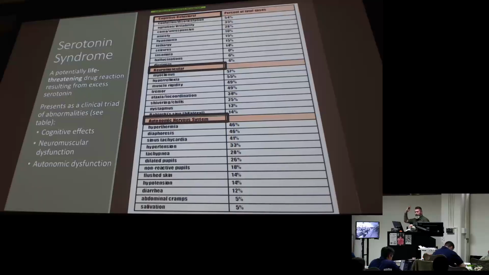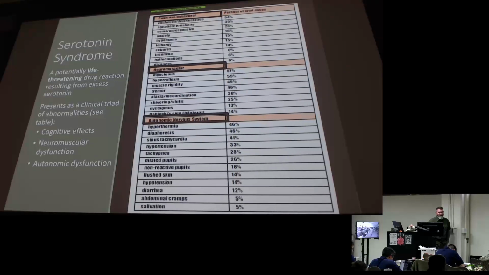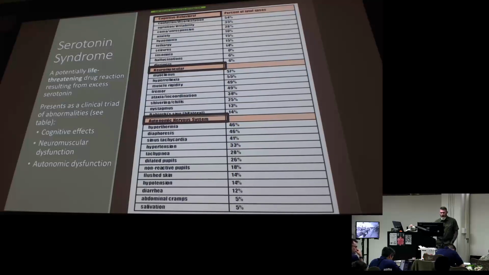Raise hands. We've talked serotonin syndrome quite a bit, right? So we know that cluster of 3 that we're looking for. Everybody tracking what I'm saying? It's on the bottom left. Those cognitive changes, neuromuscular dysfunction. There's the entire list, all you ever wanted to know of those 3 different clinical triads of abnormalities on the right there, and the percentages. But what I need you to know is if you're using any of those other serotonin active medications with the triptan, you're potentially going to get that clinical triad for serotonin syndrome: cognitive, neuromuscular, and autonomic dysfunction, right?